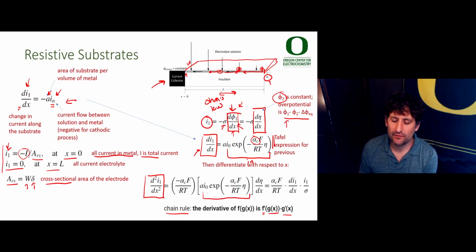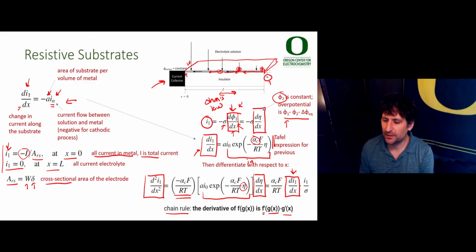When I take the derivative of an exponential, I just get an exponential back. And here's the derivative of the inside function, these two terms together. You notice the inside function, the only thing that depends on position is the overpotential. So that's where this expression comes from. I can recast this now by noticing that the middle term here is just the change in I1 with respect to x that we defined earlier using our Tafel expression.